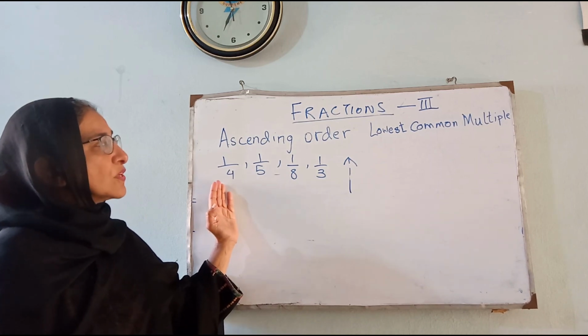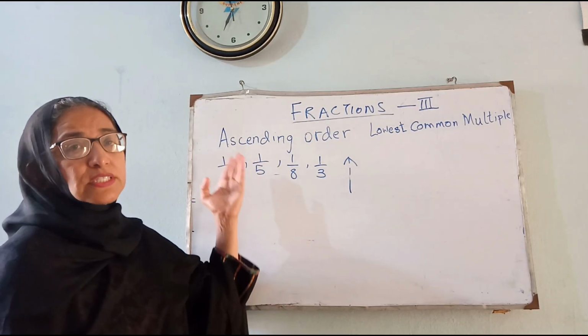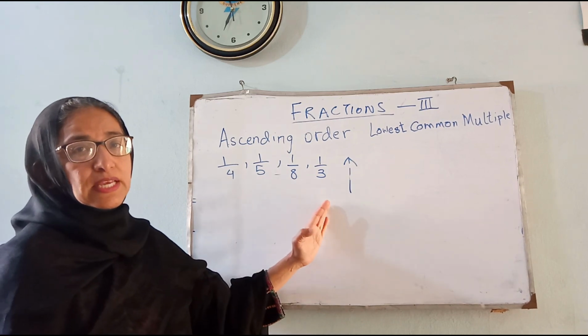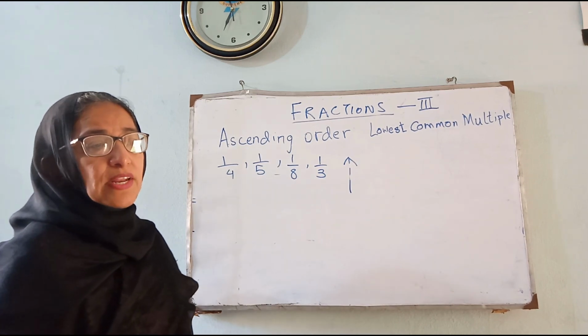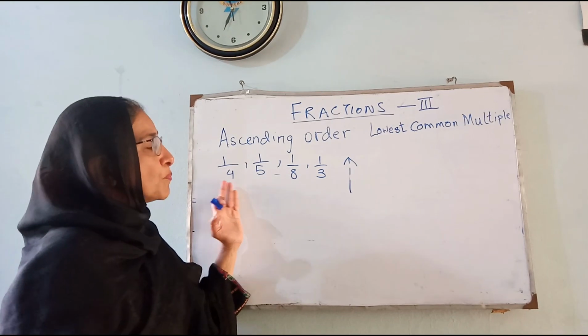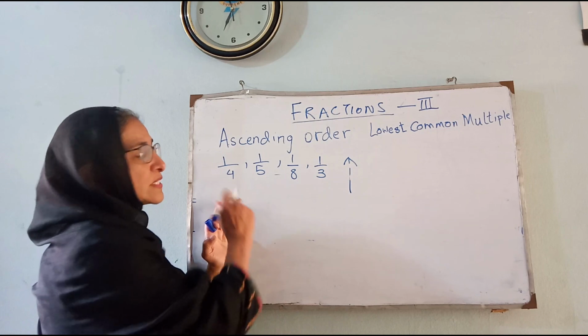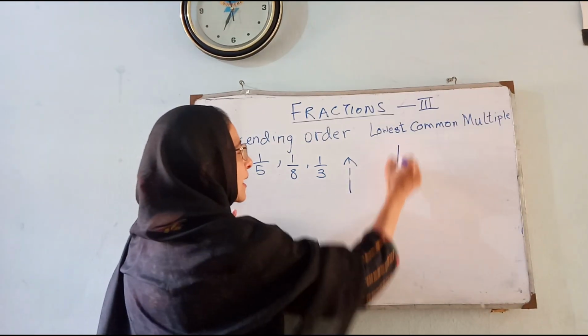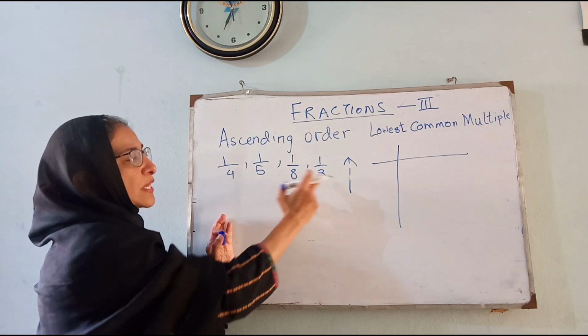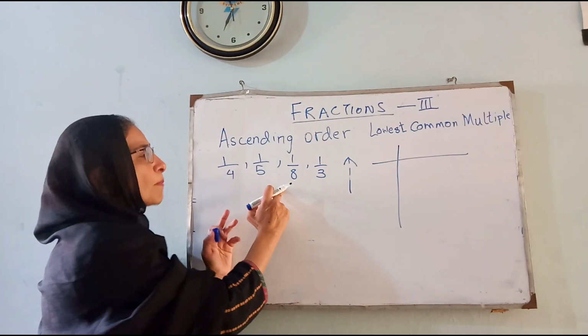What we have done for descending order is that we have taken the LCM to make the denominator same. So the rule is that whenever we have to compare, we have to make the denominator same. To make the denominator same, once again I am going to take the LCM. I am going to take the numbers which are in the denominator.